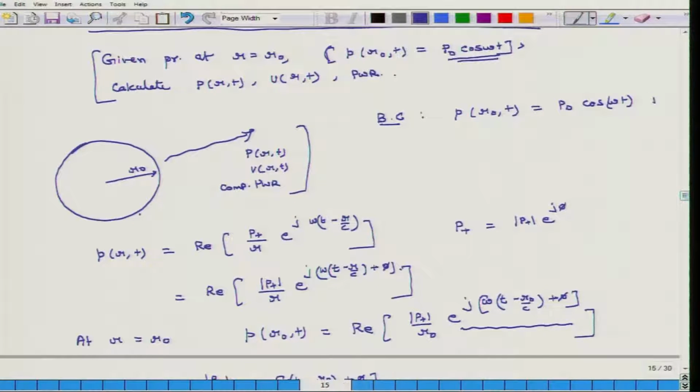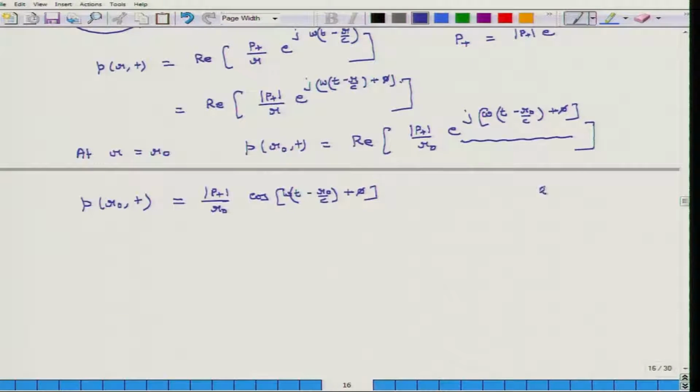So, this is expression 1, this is expression 2.